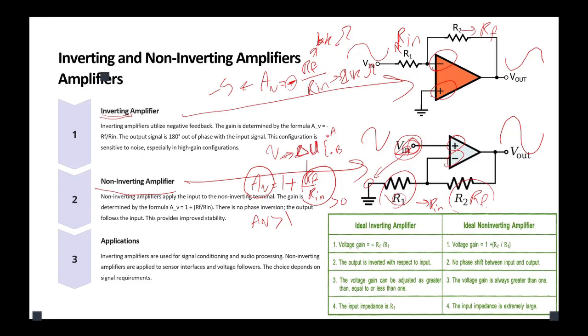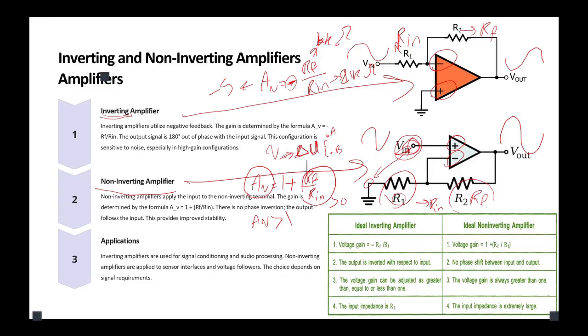We can use it in audio processing, like equalizers and tone control. They normally use inverting stages because they provide precise control of gain and can invert the signal when we need it.